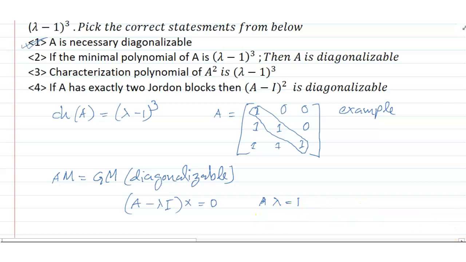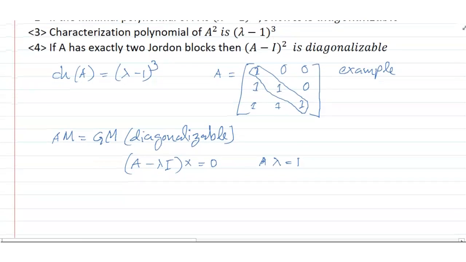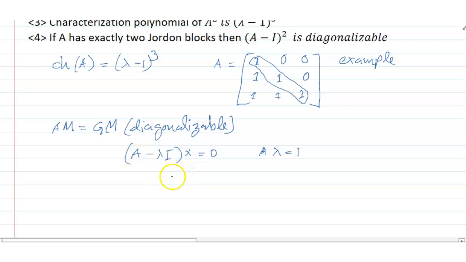So whatever I get, this equation is 0 0 0, 1 0 0, 1 1 0. I can get these equations.